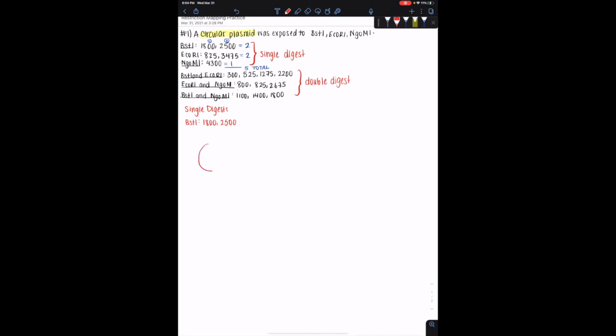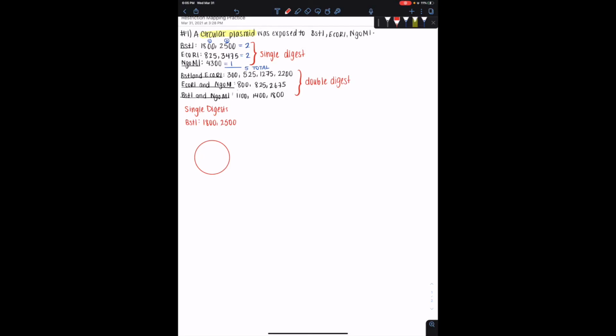Let's draw our circle. We have two numbers, so we're going to have two cuts. These little dashes will represent our cuts. The sizing of how far apart these dashes are is important, because you want it to correspond to the number that you're working with.